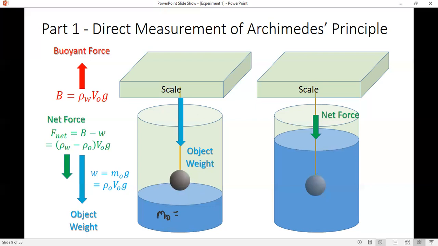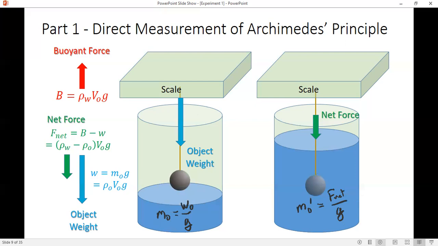I'm reading a force which is equal to the weight, and to do the conversion, I'll divide it by the acceleration of gravity. Okay, so that's the weight of the object. When I get an effective mass, it's not really a mass at all. It represents the net force acting on the bob, again, divided by the acceleration of gravity.